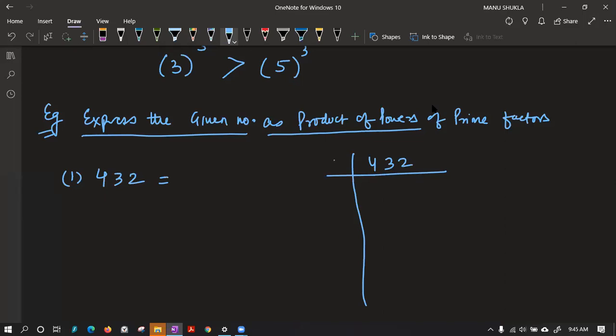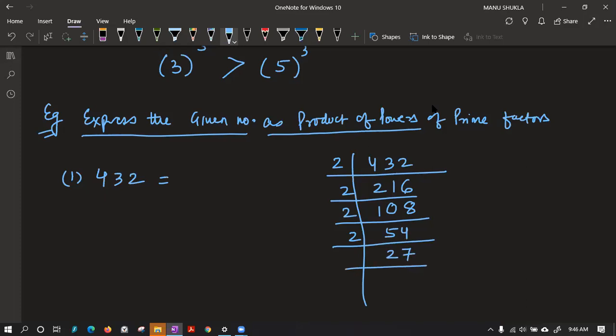Let us see. We can start with 2. 2 2s are 4... 2 1s are 2, 2 6s are 12. Again, we can go for 2, 2 1s are 2, then we have a 1. We have to take a 0, 2 8s are 16. Then again, 2 5s are 10, 2 4s are 8. Then again, 2 2s are 4, 2 7s are 14.